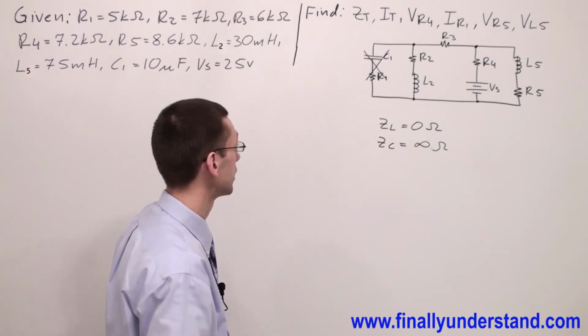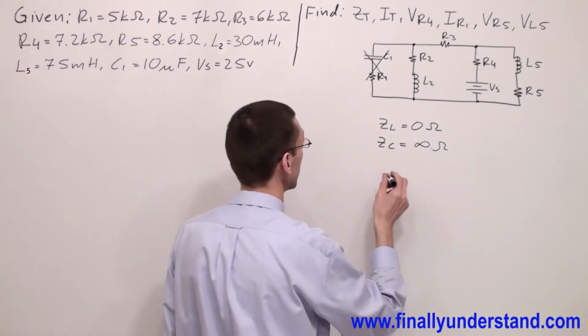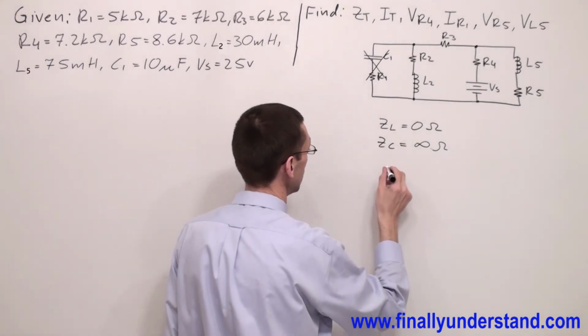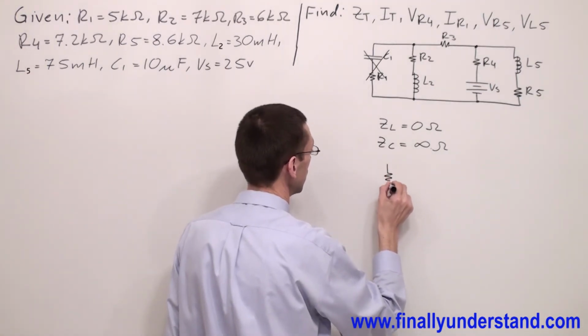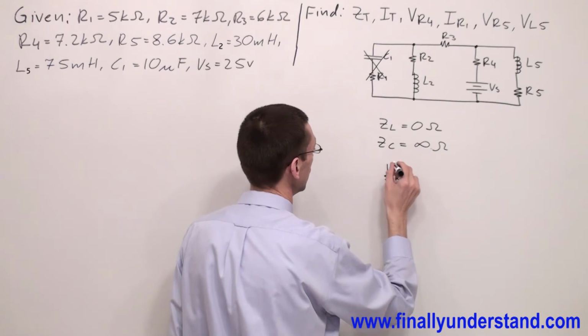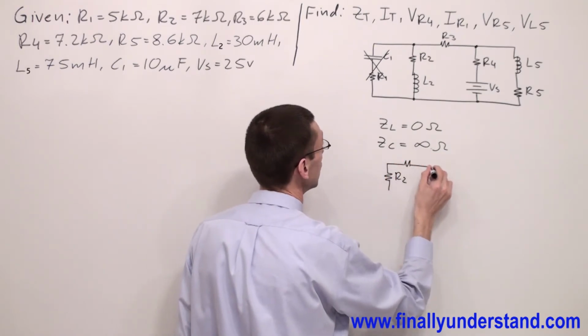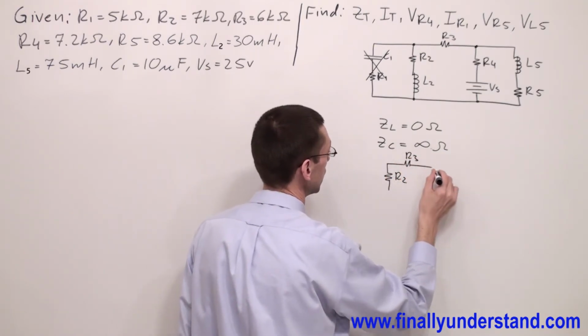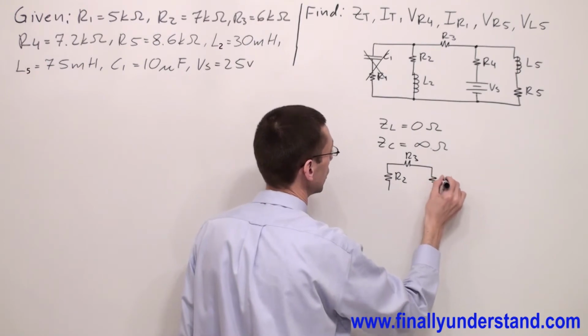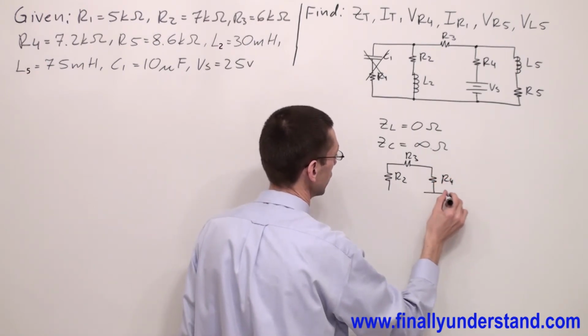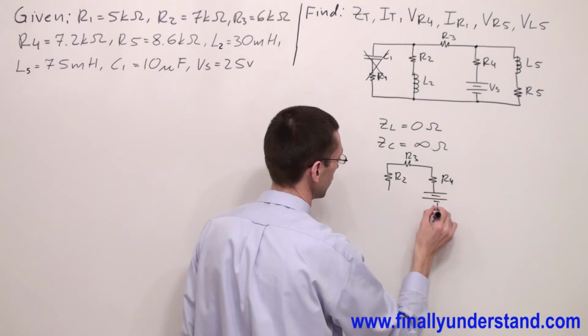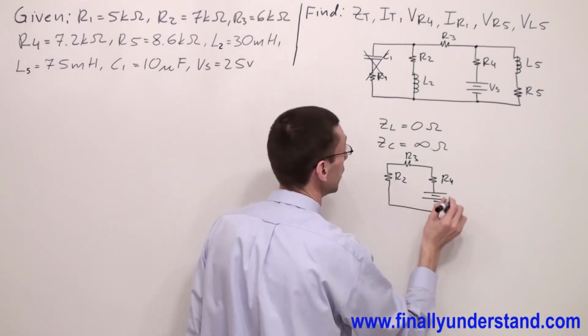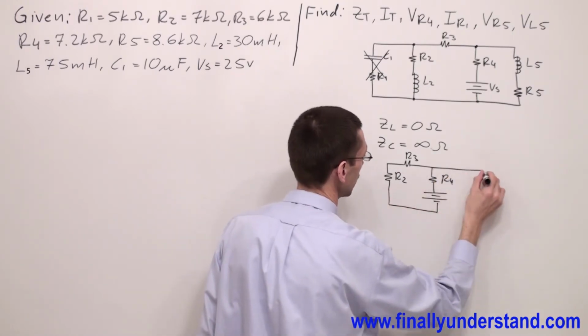And basically, let's see what we have got. We have resistor R2, we have resistor R3, we have resistor R4, we have the DC power supply, we have also resistor R5.